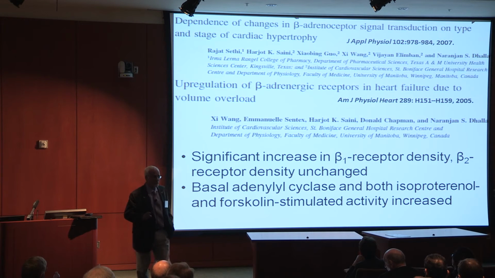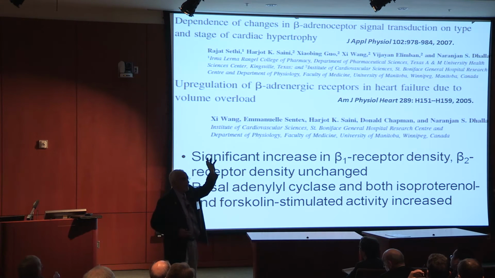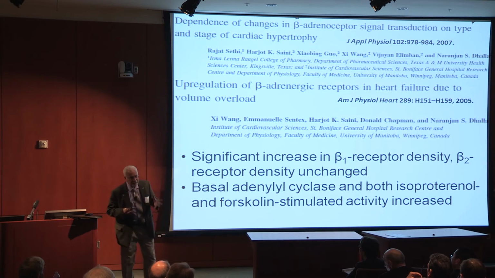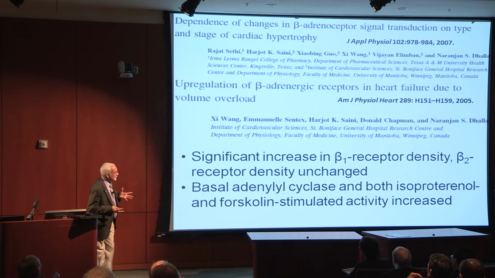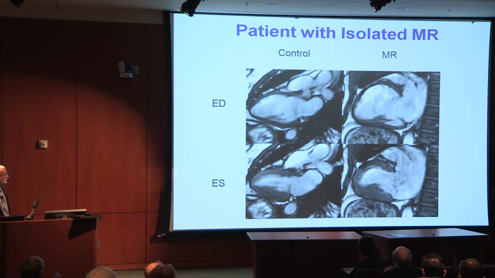And very interestingly, if you gave these animals with these dilated ventricles at 15 weeks either dobutamine or isoproterenol in vivo, they had a marked increase in contractility. So the adaptive change in volume overload is increased adrenergic drive, but also increased beta receptor density, even though the hearts may be markedly dilated and, in a sense, failing.